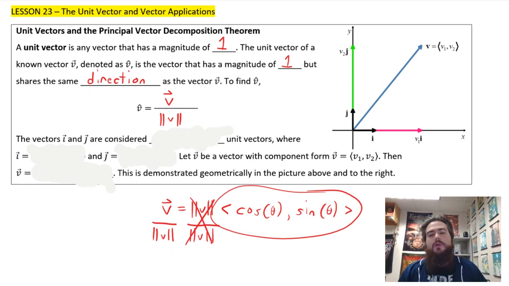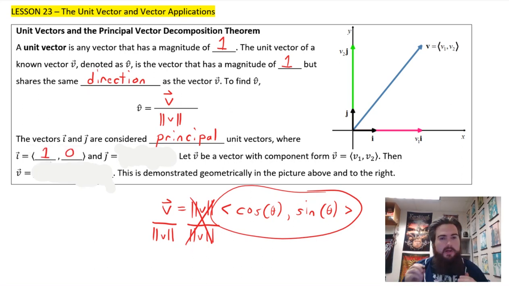However, unit vectors are also relevant because we have another way that we can write a vector, and that is considering what are called principal unit vectors. The vectors i and j are considered to be what we call principal unit vectors, where i is the principal unit vector 1, 0, and j is the principal unit vector 0, 1.